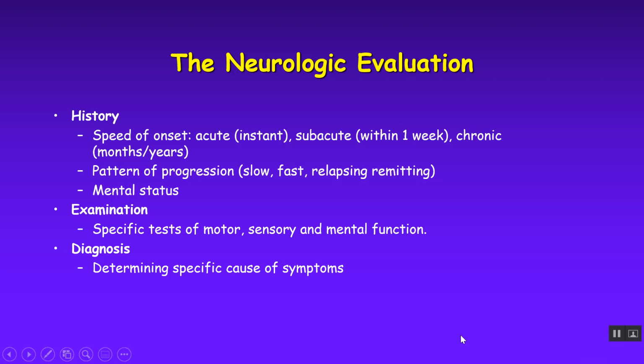Then you diagnose, determining the specific cause of symptoms. As a physical therapist, we don't diagnose the disease or the pathology. We diagnose the movement disorder, and we'll talk about that when we get to clinical neuro in the fall. There's a movement by the Academy of Neurologic Physical Therapy to push forward with what we call movement system diagnosis.